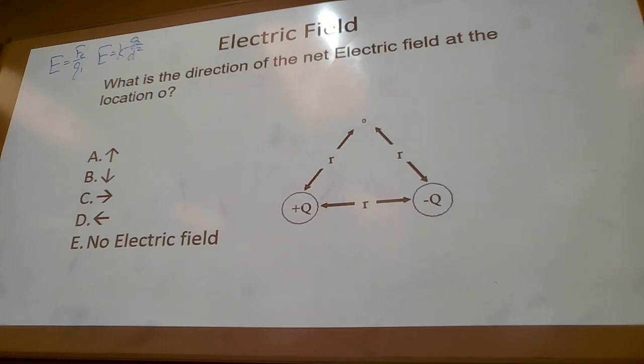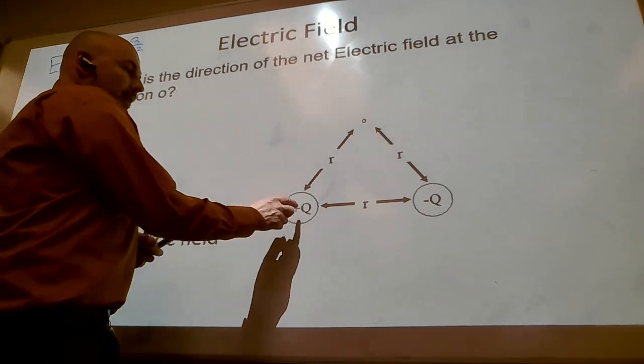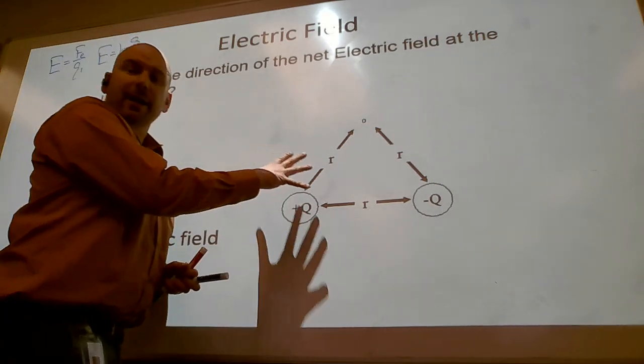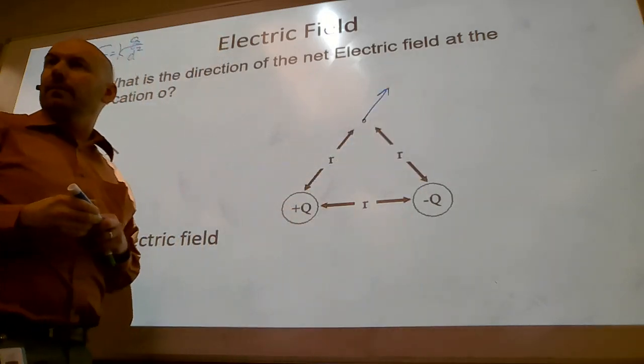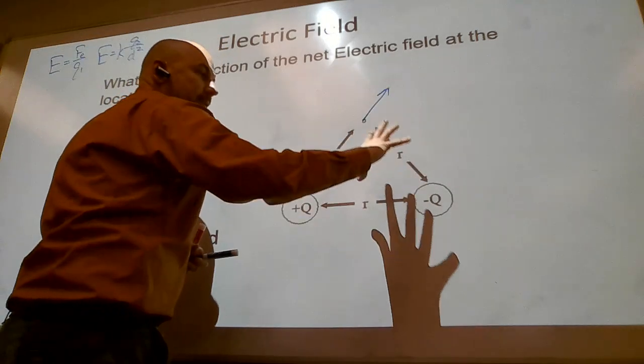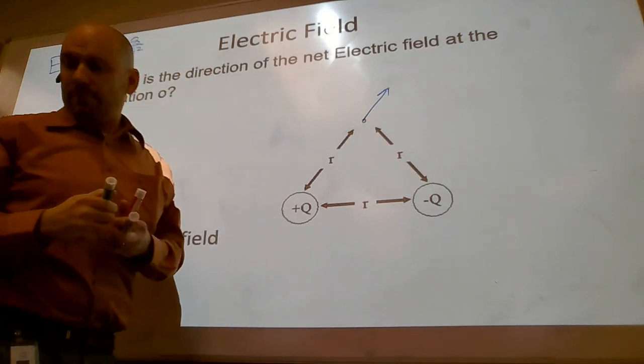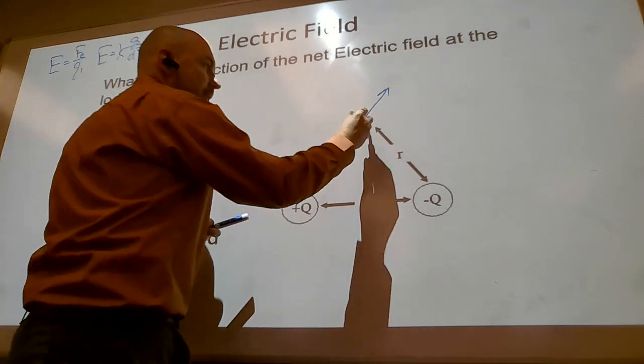Correct answer is, so positive creates an outward directed field going this way. This one creates an inward directed field at this location going this way.